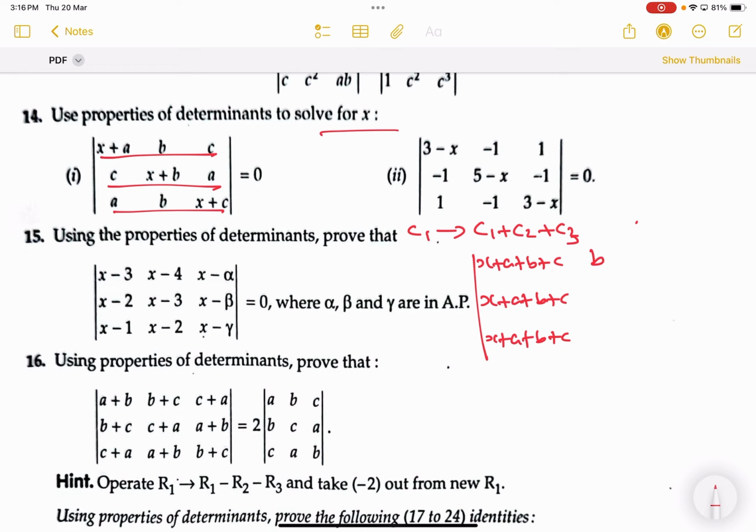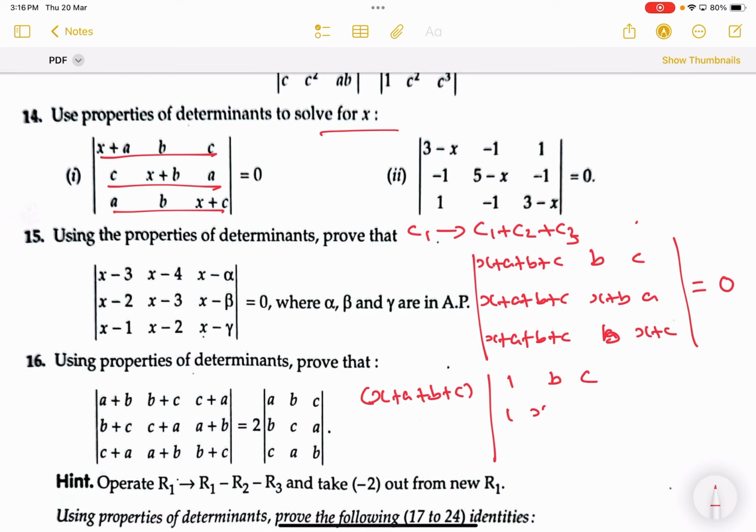Next, B, C, X plus B, A, B, X plus C. This is equal to 0, already they have given. Taking X plus A plus B plus C outside, it will become 1 B C, 1 X plus B A, 1 B X plus C equal to 0.